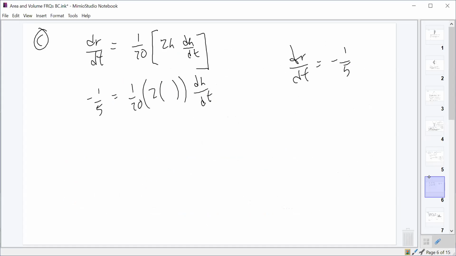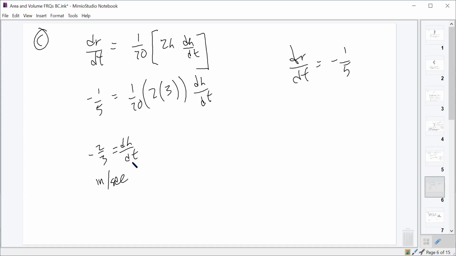When the height is 3, so just put in 3. And that becomes negative 2/3 equals dh/dt. I don't know if it asks for units or not, but that'd be inches per second.